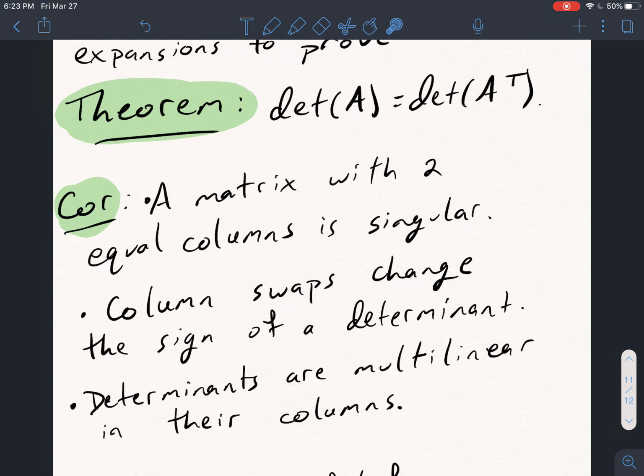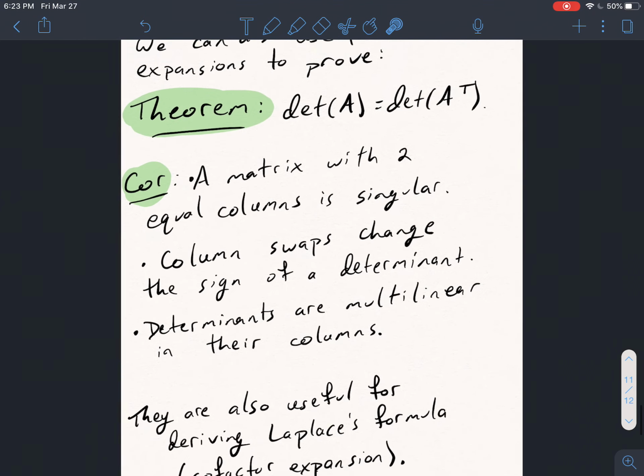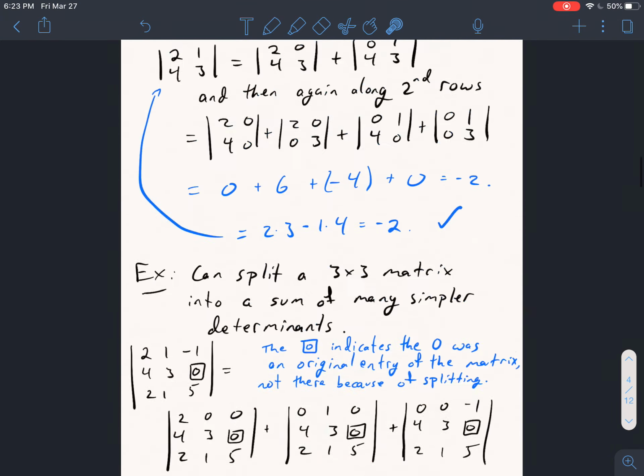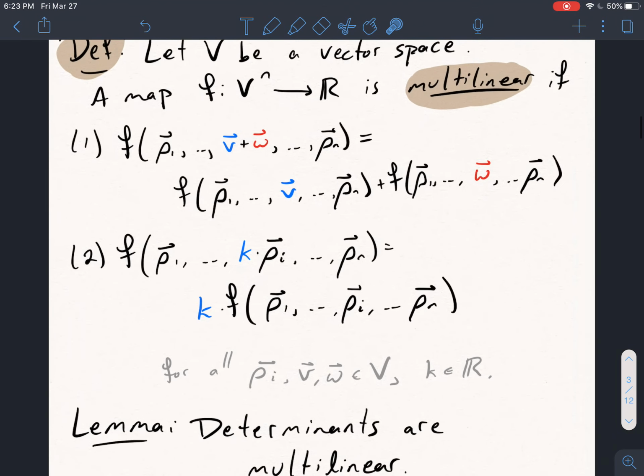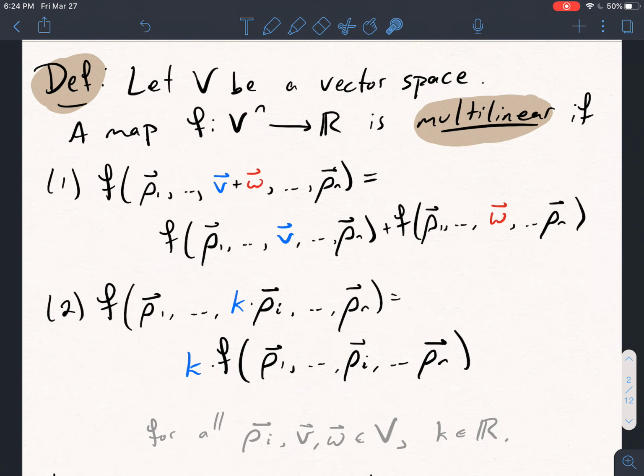Column swaps change the sign of a determinant, same thing with row swaps. And determinants are multilinear in their columns. All of this basically comes from the definition of multilinear, so maybe I can scroll up to it. Here, we were thinking of V as consisting of rows of our matrices, and V to the n was our matrix that way.